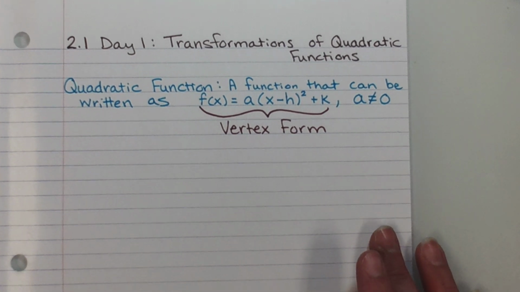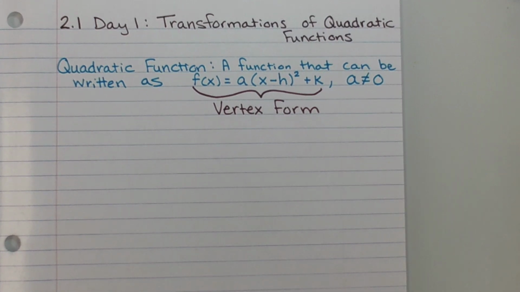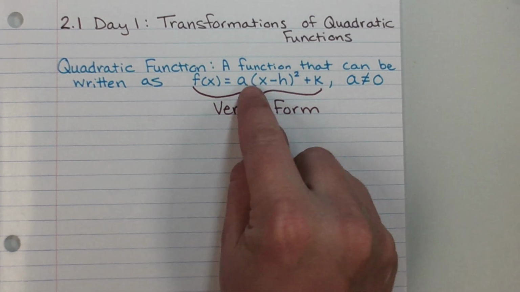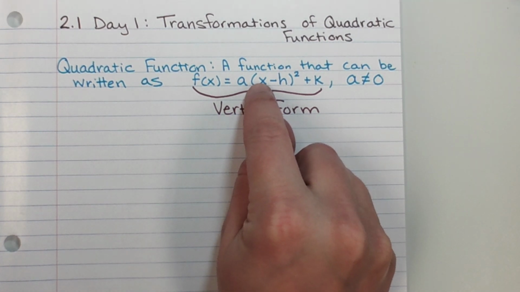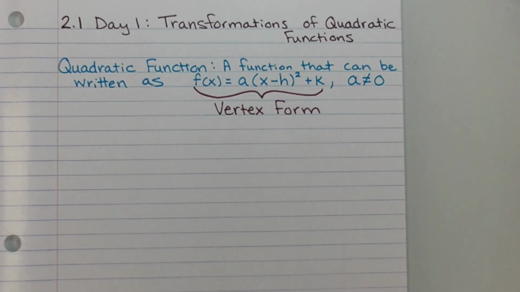Now, b is not a part of vertex form for a reason. Doesn't mean we don't do the things related to b, which was flipping over the y-axis, or horizontal stretches and shrinks. Those things will still happen. If we do those things, they will still happen directly in front of the x, so right here in those parentheses.